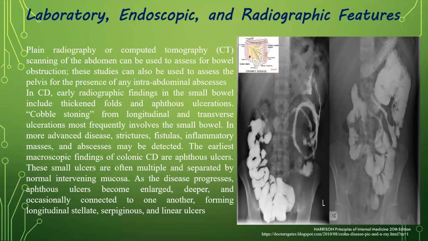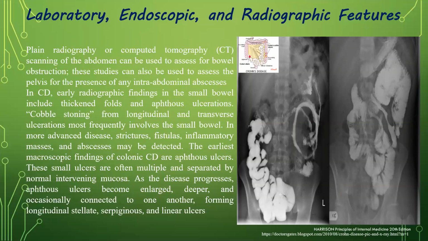Barium staining from the longitudinal and transverse ulceration most frequently involves the small bowel. In more advanced disease, strictures, fistulas, inflammatory masses, and abscesses may be detected. The earliest macroscopic findings of colonic Crohn's are aphthous ulcers. These small ulcers are often multiple, separated by normal intervening mucosa.